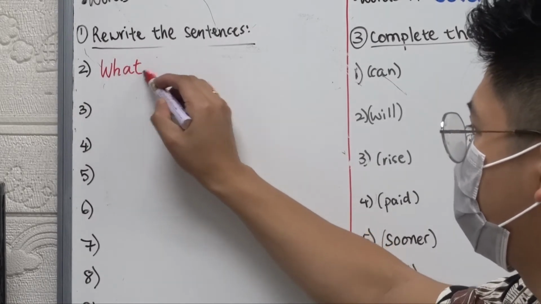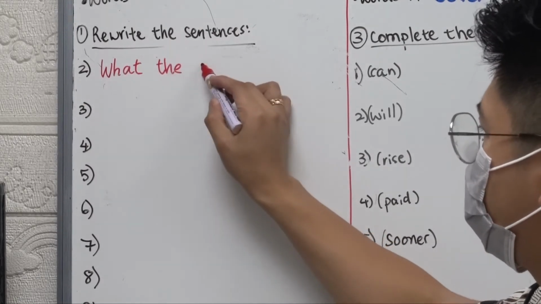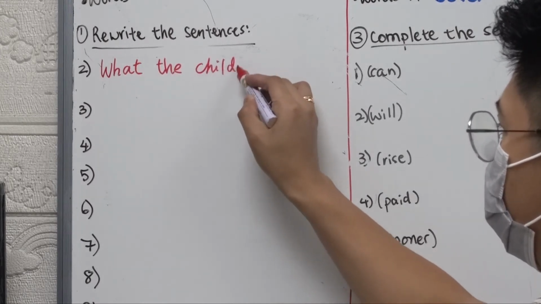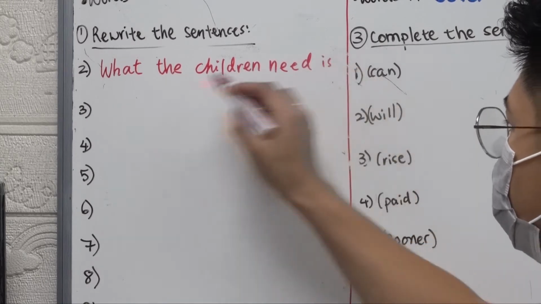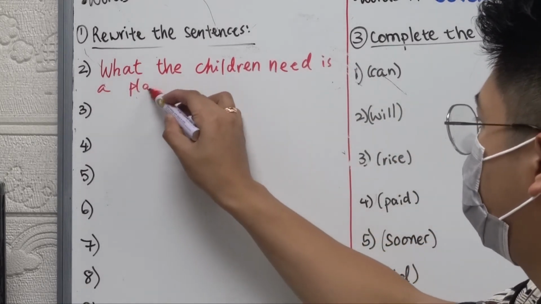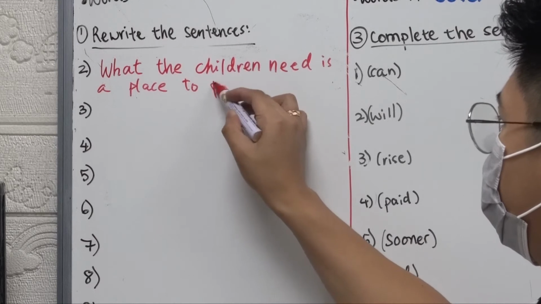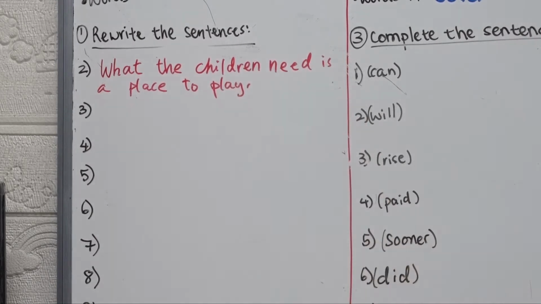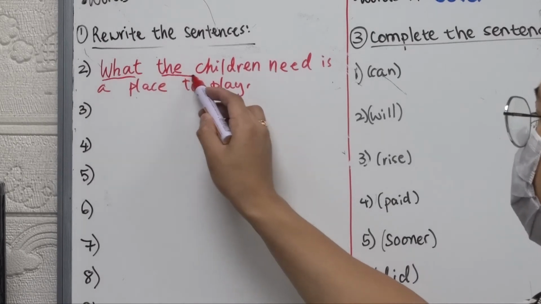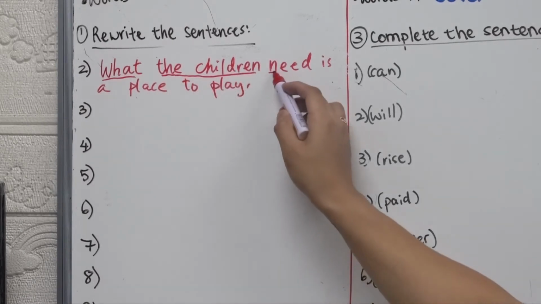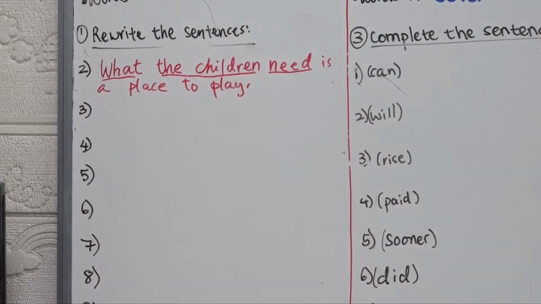So, what the children need is a place to play. Full stop. We start with the WH question word, and then the subject, the children, the verb need, and then the auxiliary is a place to play.